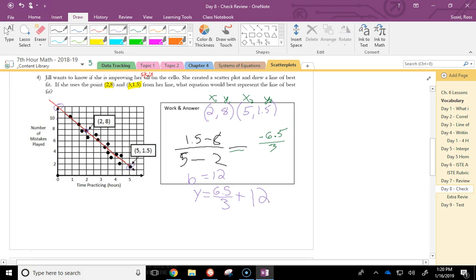Wait, it has to be negative. Negative 6.5 x plus 12. Good. You did really good on this. Alright.